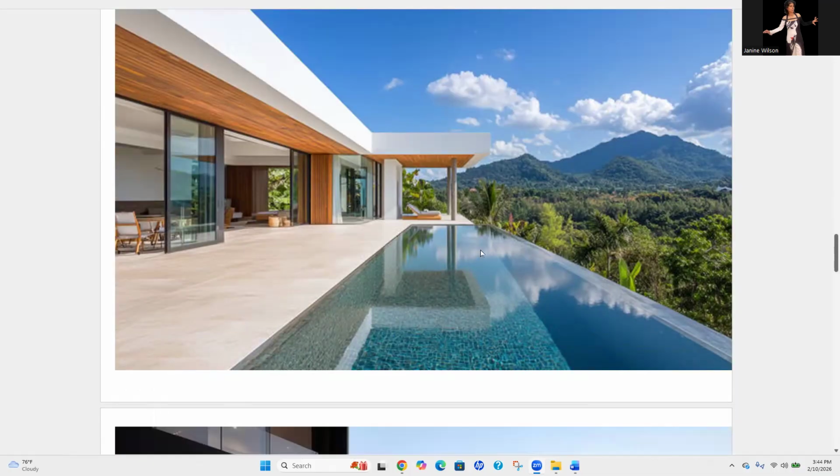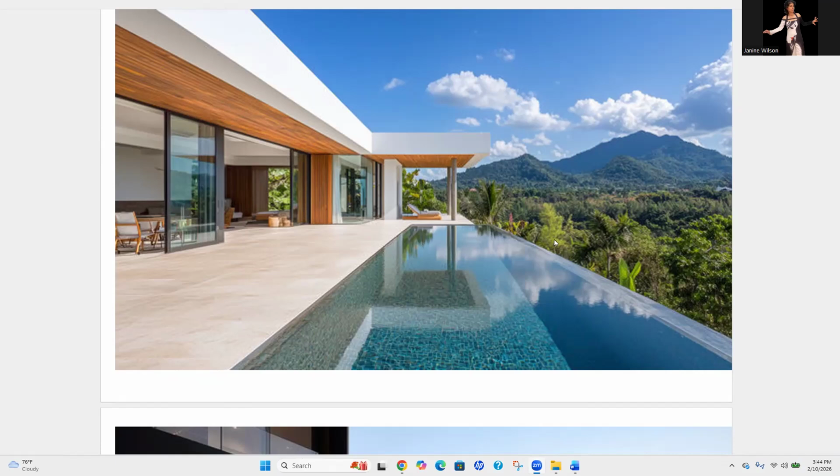Now this is again a slightly different version of a perimeter overflow and a vanishing edge pool. This is neither one nor the other, it is both. We have the perimeter overflow on the decking side, which again goes down into a slot, then a gutter system, and into some sort of tank and is pumped back into the pool.